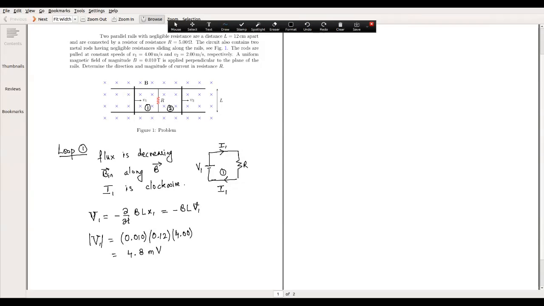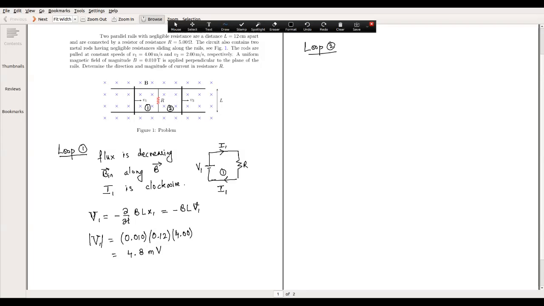It depends on whether we add or subtract. So we will do that in a minute. So let's say this is loop 2.